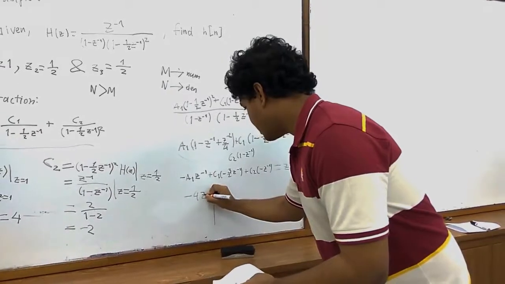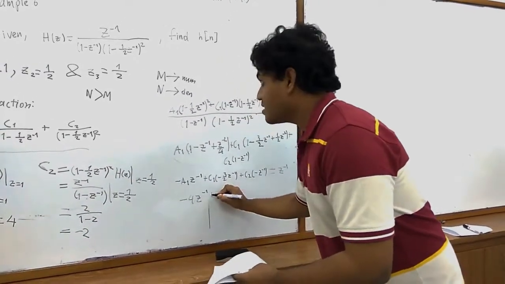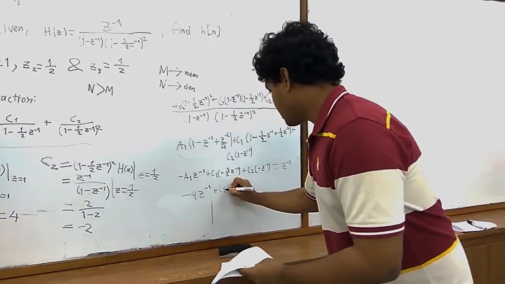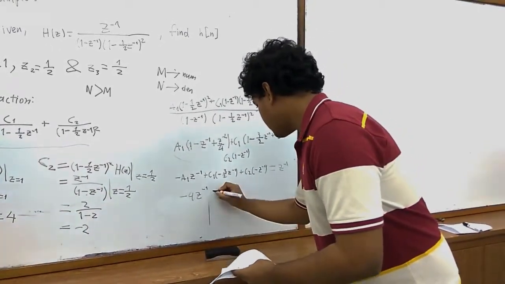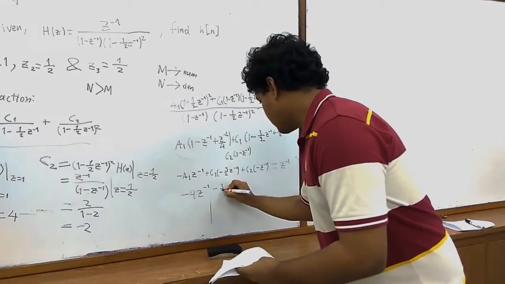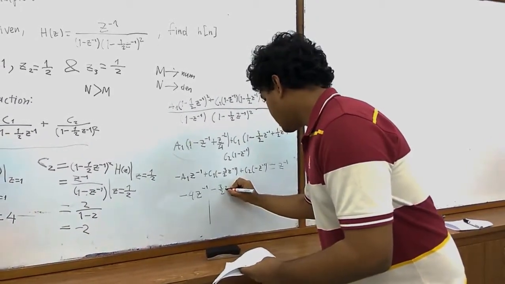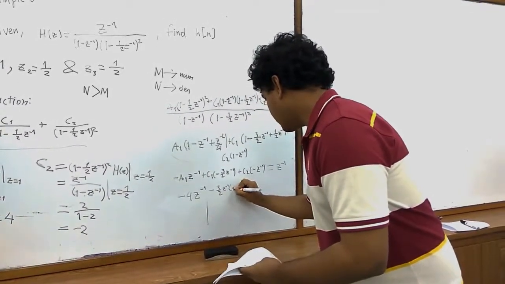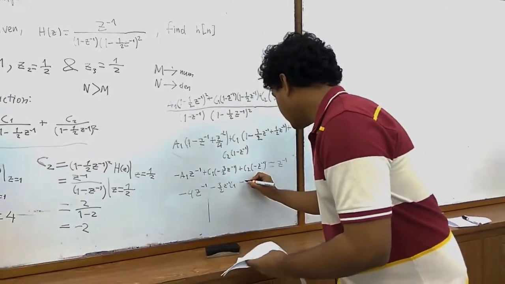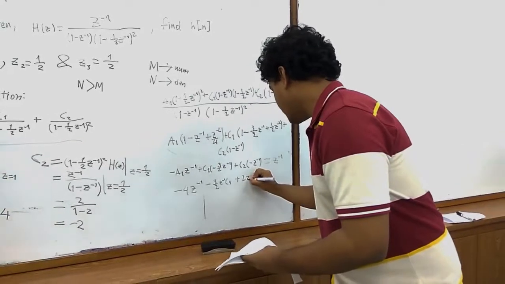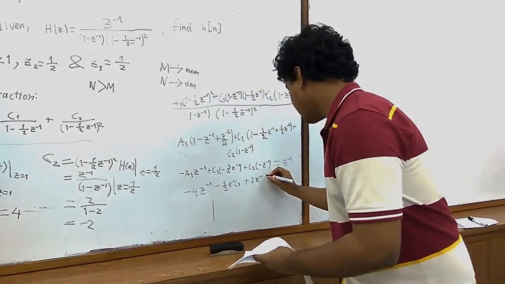minus 4 Z minus 1 plus 3 over 2 Z minus 1 C1. C2 is minus 2, so plus 2 Z minus 1.